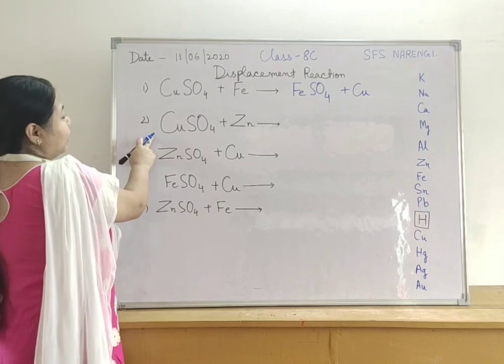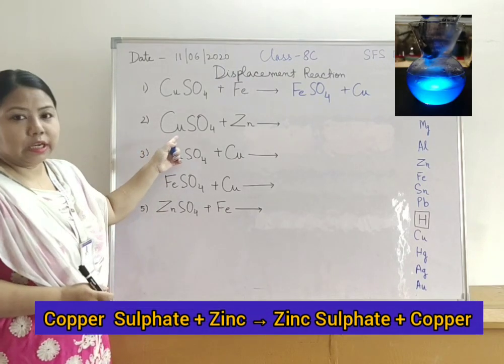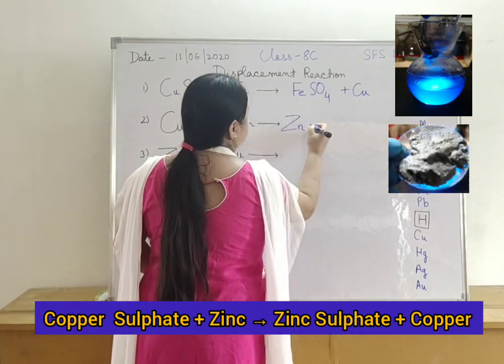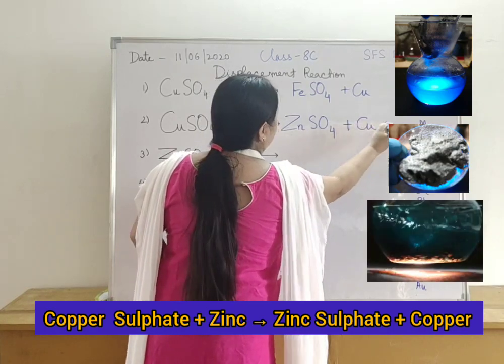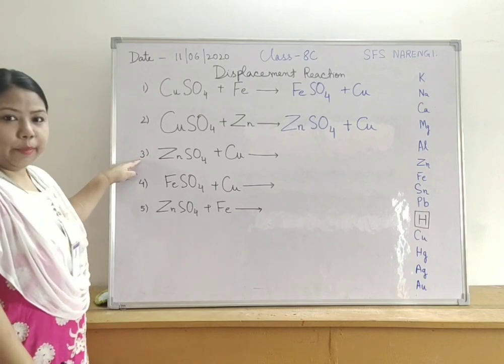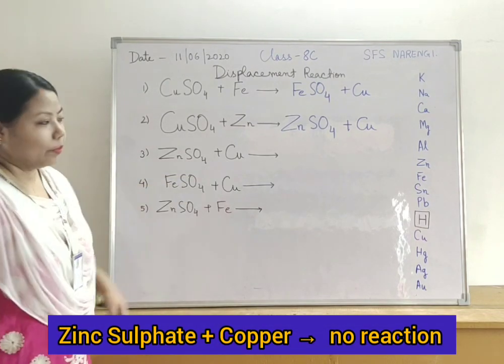Let us look at the next example. When copper sulfate reacts with zinc, it forms zinc sulfate and copper. Now the third example, zinc sulfate plus copper.